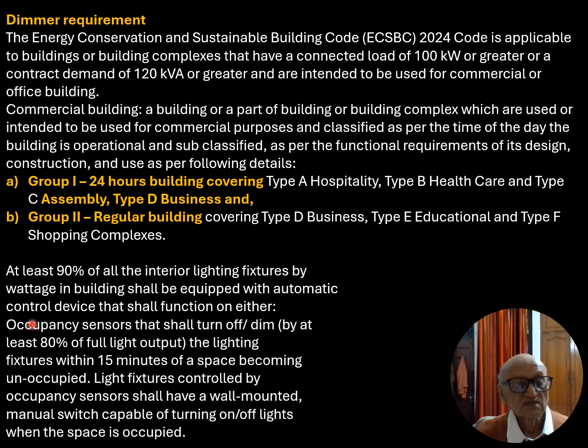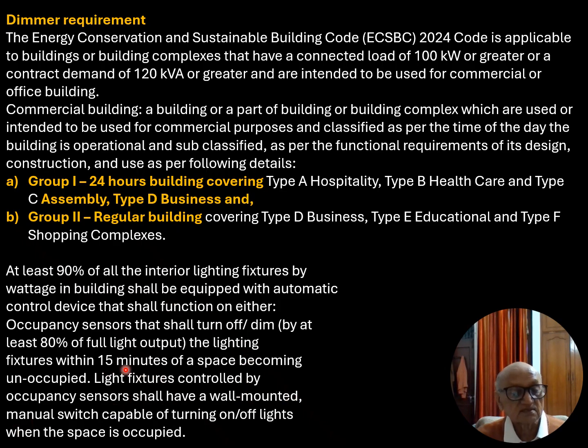That occupancy sensor detects the presence of the occupant, whether it is there or not. If it is not there, then you have to switch off. This is the purpose.